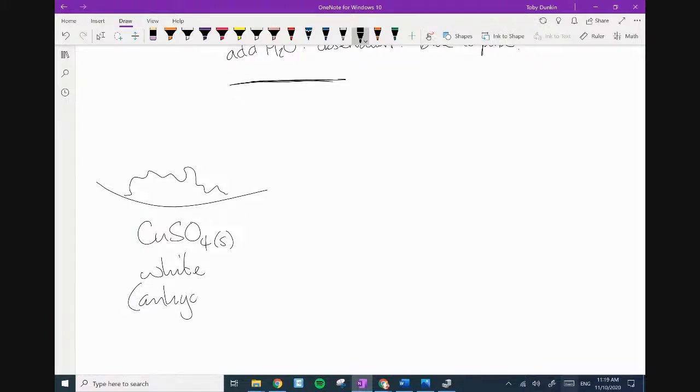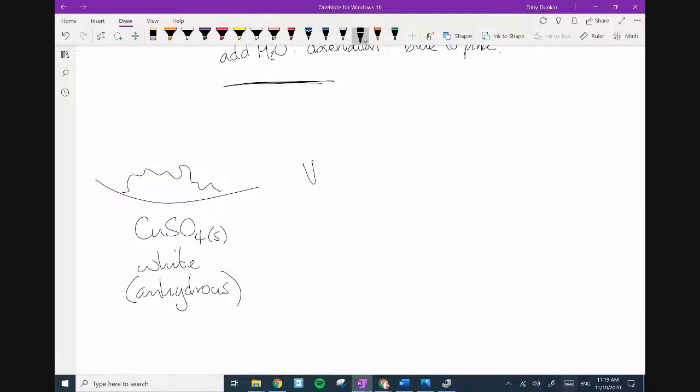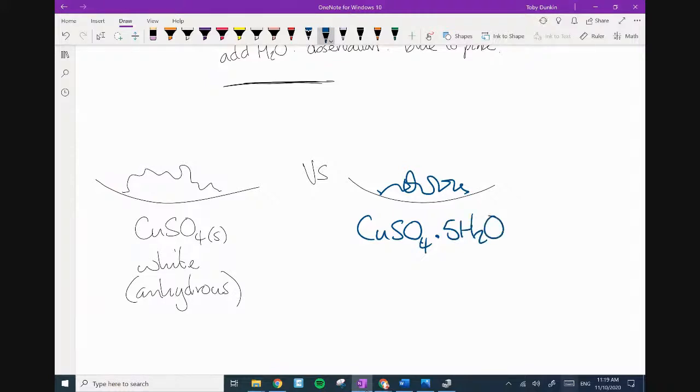What I would then also show you is hydrated copper sulfate, which you also need to know, is CuSO4.5H2O, and that also is a solid. This is blue, and it is said to be hydrated copper sulfate. Copper 2 sulfate, if you like, Roman numeral.